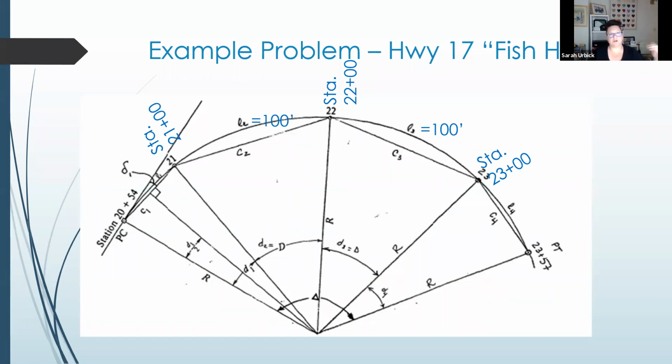We're going to go with the arc method on this one. So we set our arc lengths in between our stations at 100 feet. Perfect, that works out great. We've been given that our interior angle is 15 degrees. That came from our original problem statement.